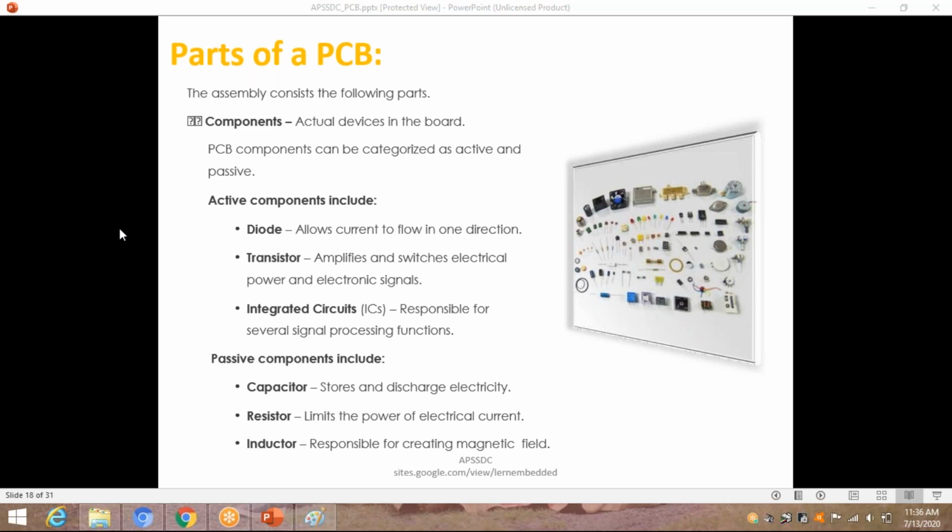Sir, again explain the top side. Okay, shall I start from the parts of a PCB? Yes, sir.